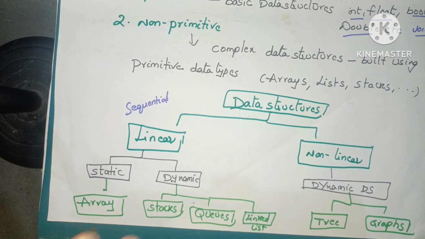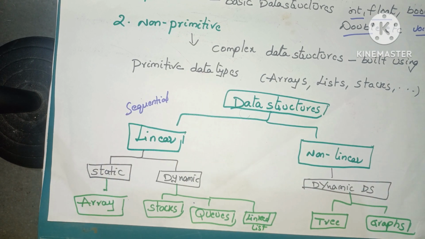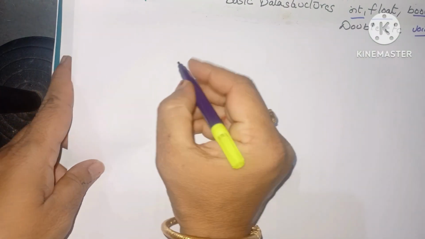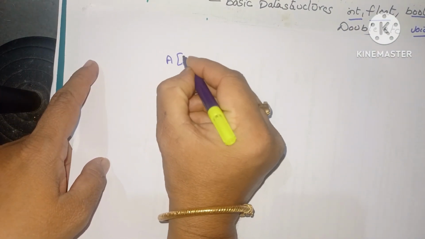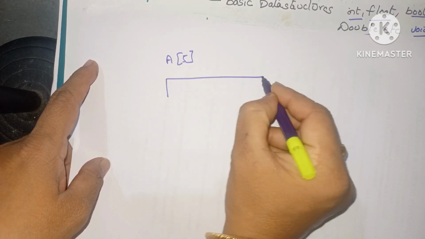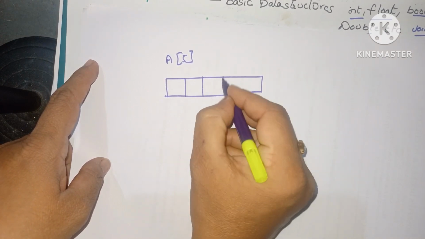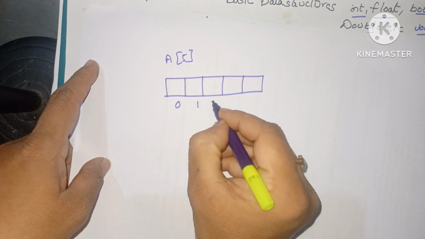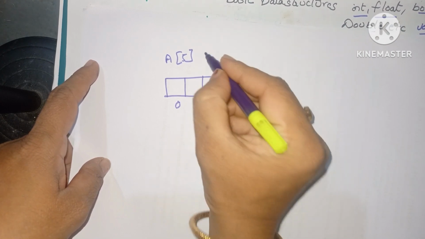That means elements are stored one after another. Arrays, we know what an array is. How to store the elements? For example, array size is 5. Here it is an array representation 0, 1, 2, 3, 4, totally 5.